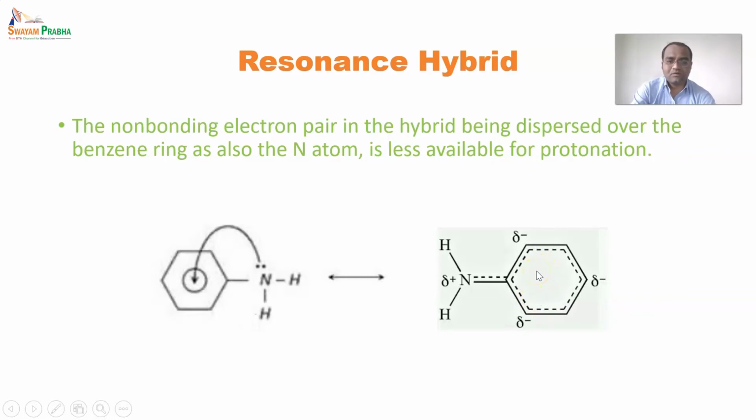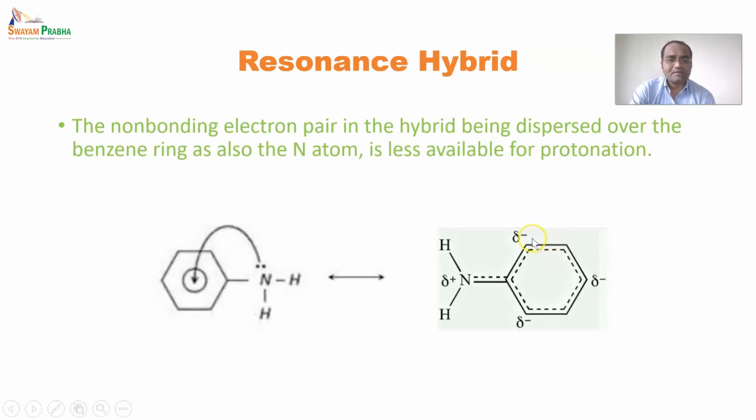And from this one can also understand why amino groups in aromatic amines are ortho-para directing, because whenever we come across an aromatic substitution, it is always an aromatic electrophilic substitution.